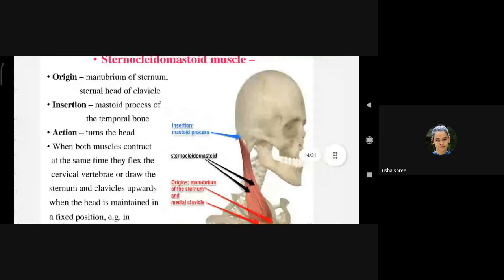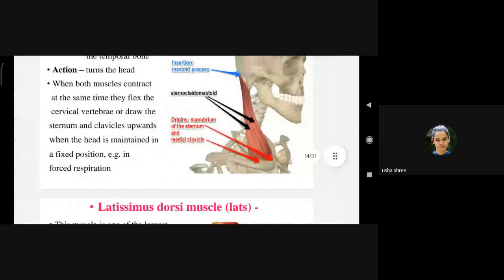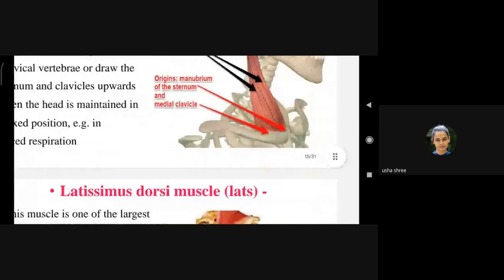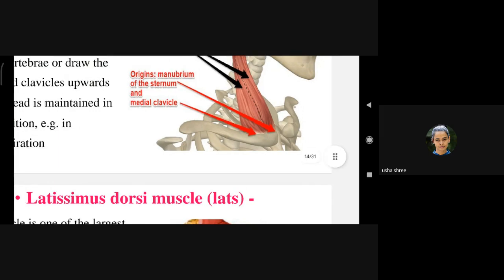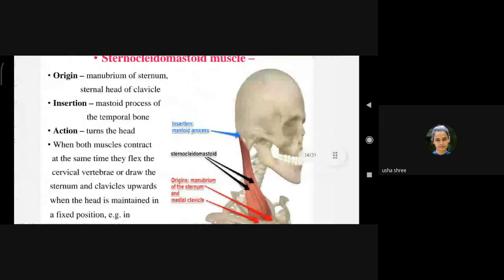Sorry, it is originating from here below, the manubrium of the sternum and the clavicle. It originates from below and inserts at the mastoid process of the temporal bone, which is located a bit toward the back of the skull.